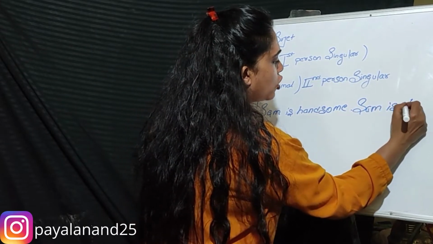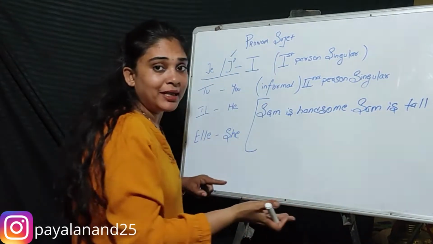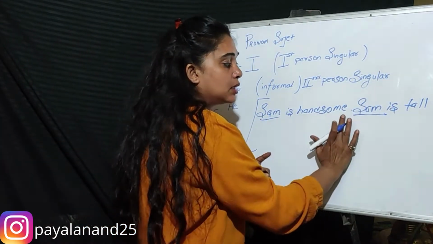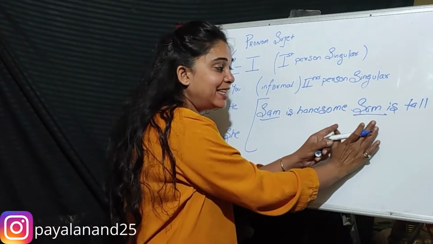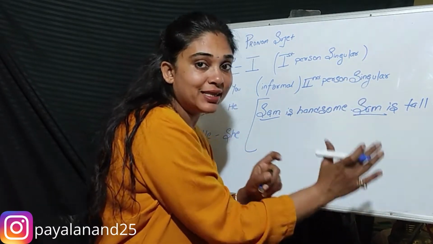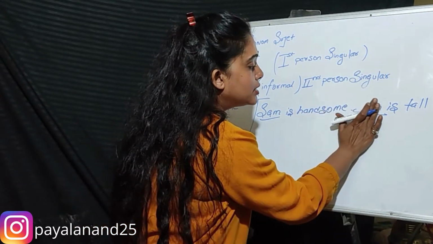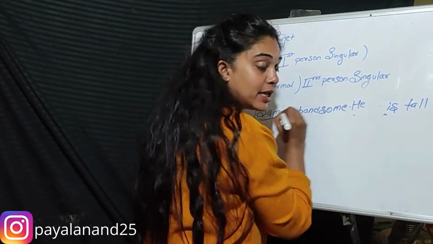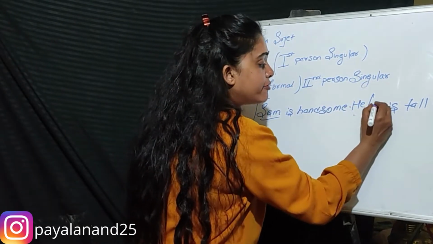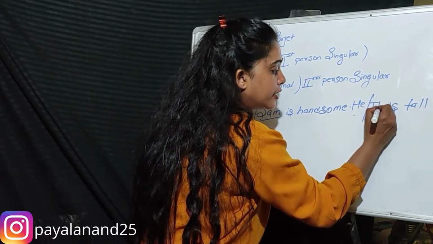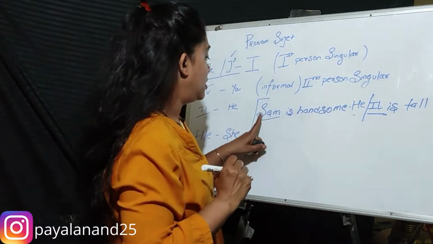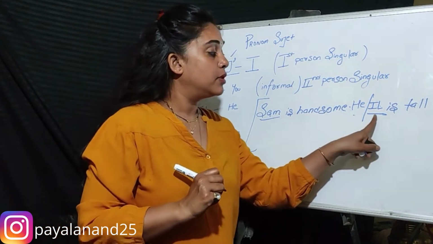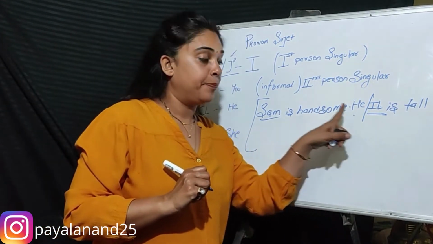Sam is tall. What I'm repeating again and again is Sam. After the full stop in the second sentence, I don't want to repeat the word Sam again. Instead of Sam, in English we use he, but in French I will replace it with il.